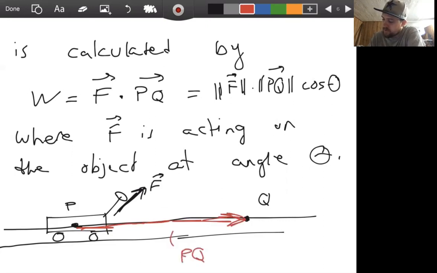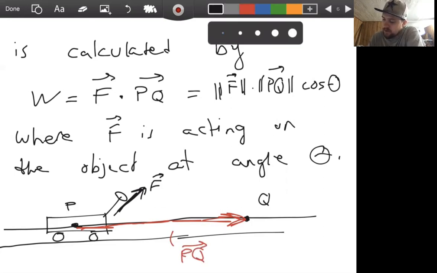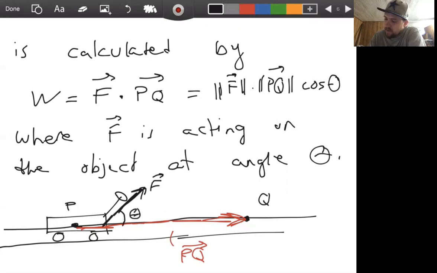This is the vector PQ, and then we have our force vector. And you'll notice this force is not acting on the wagon parallel to the vector PQ. It's acting at some angle theta here.